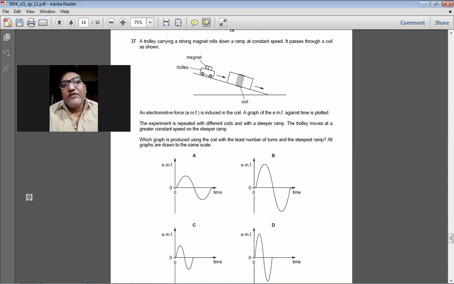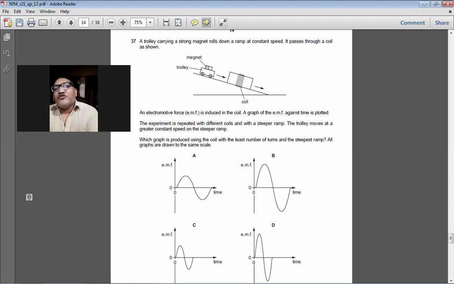When the trolley moves faster, the time period of the EMF produced will reduce. One thing which will happen, the graph of that EMF wave will have the less time period, and the amplitude of the voltage will also increase, obviously. The trolley moves at a greater constant speed on the steeper ramp.